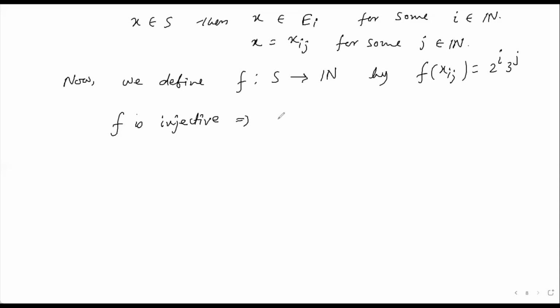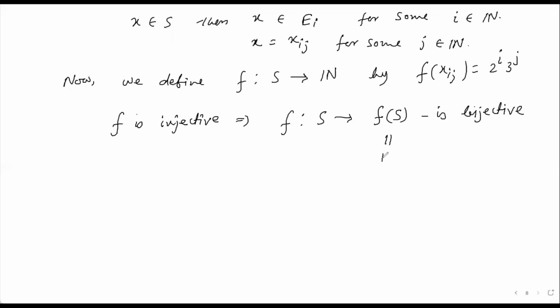This implies that if you restrict the codomain of f from S to f of S, the image of S under the function f, then this is injective and surjective, so bijective.